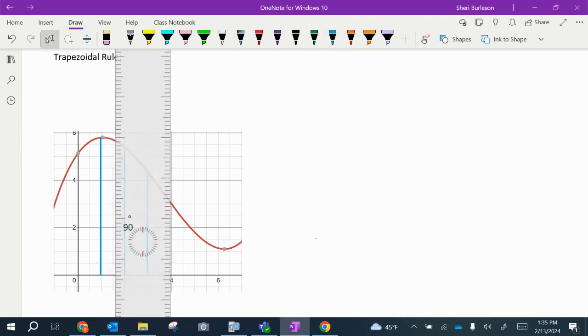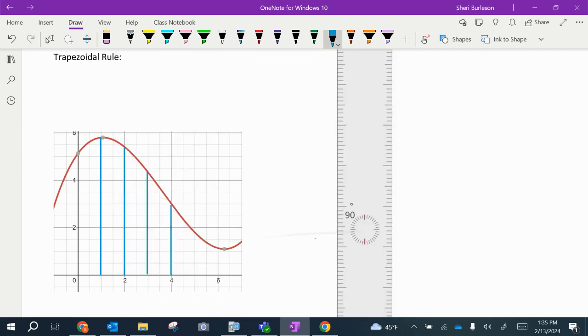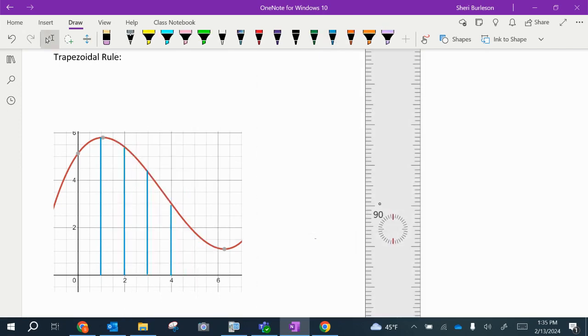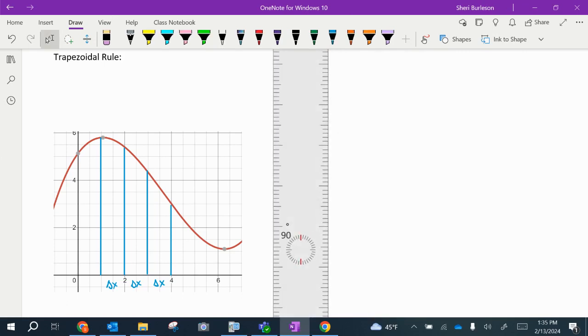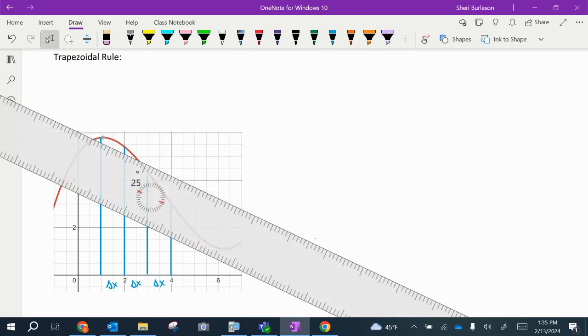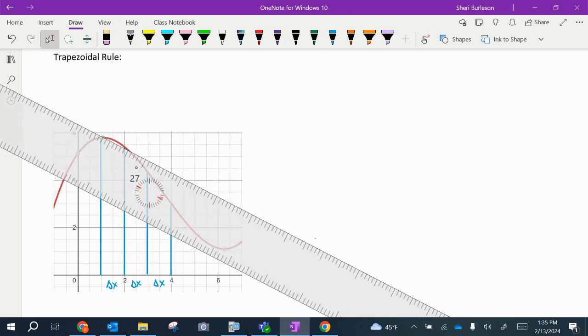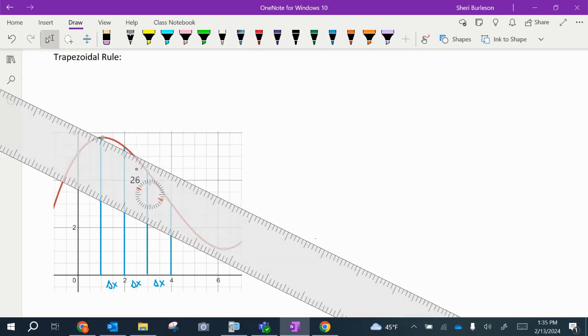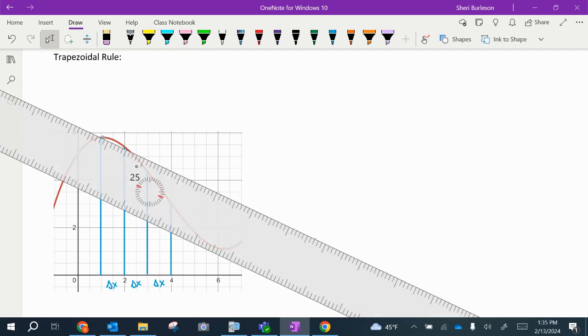Left-hand Riemann sum is going to put a lot above or below. Right-hand Riemann sum is going to put a lot above or below. We have our delta x here. Even midpoint is going to have some above or below. What if instead of using rectangles, we used trapezoids to approximate the area?